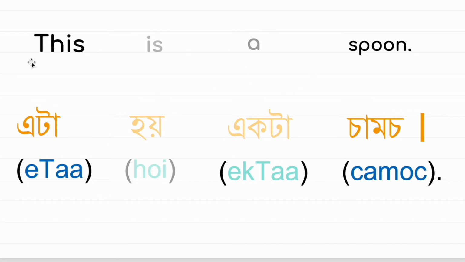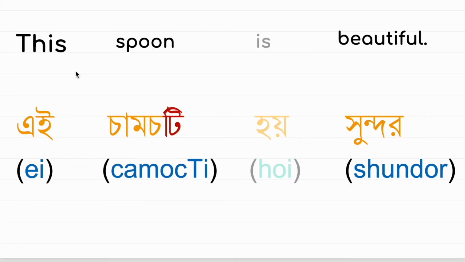Now when in a sentence the word this is used as a subject, it will be translated as eta, but we use another word for this if it is used as a modifier. Let's have a look at that. For example, this sentence says this spoon is beautiful. So here the subject is spoon, not this.